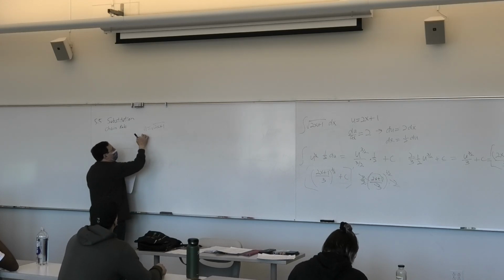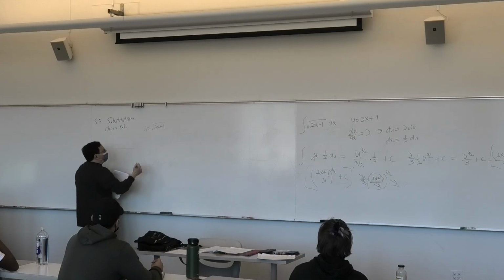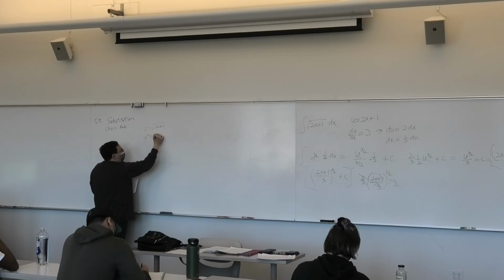Now, I want to find du here, but you can just figure it out directly, find the derivatives. But it turns out you can do this trick. This is u squared is 2x plus 1.